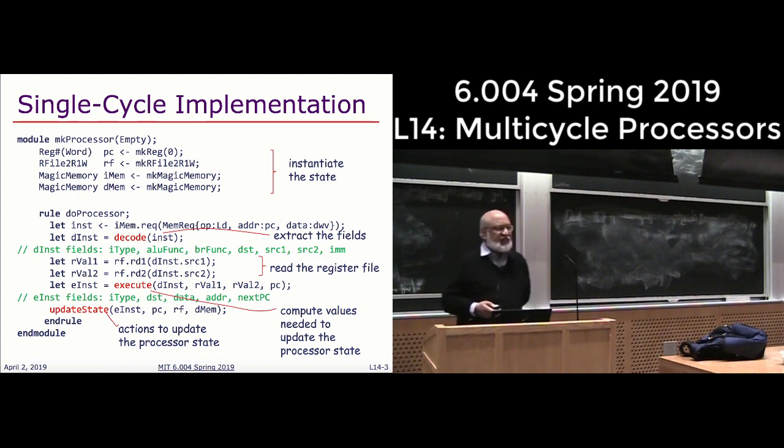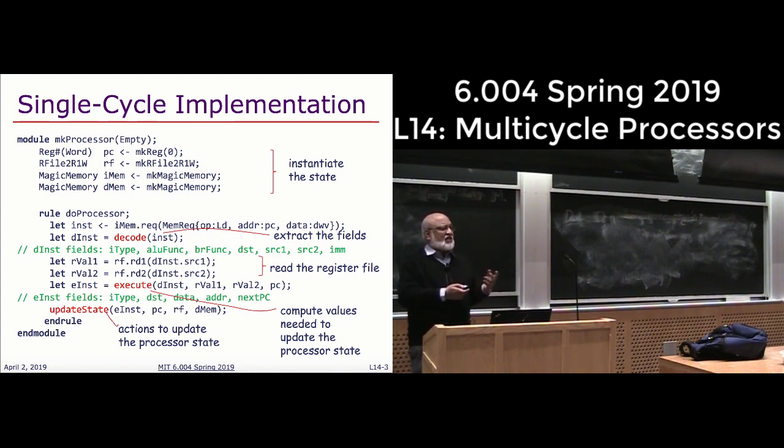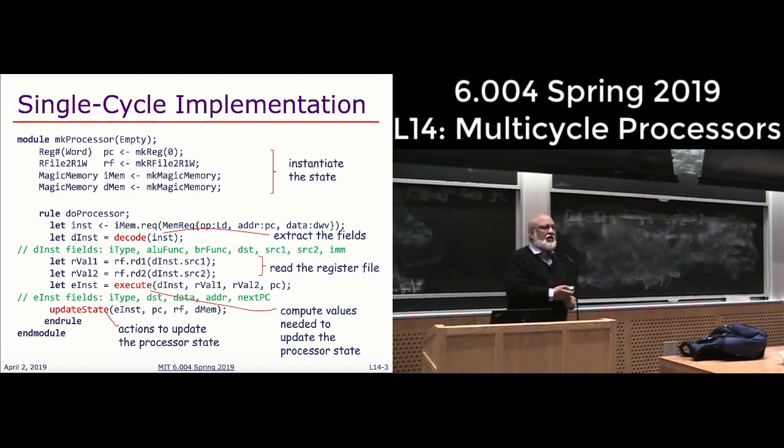Okay, and now again, I have just returned an executed instruction. einst is the output of the execute function, but einst itself is a record. So there are many, many fields in it: what type of instruction it is, whether it has a destination in which to write the data, what is the data to be written, in case it's a memory instruction what is the address to be used, and what is the next value of the program counter.